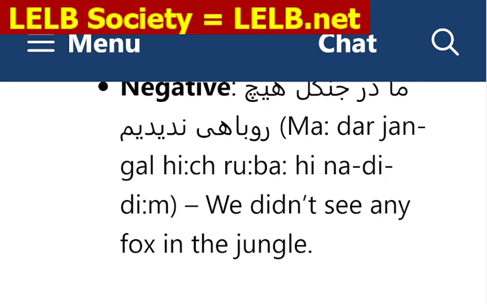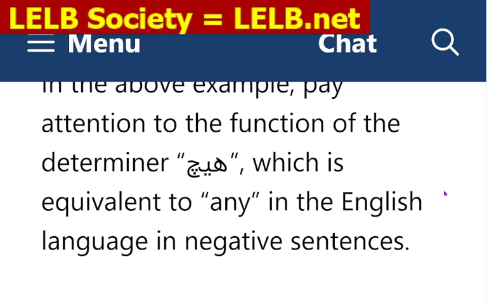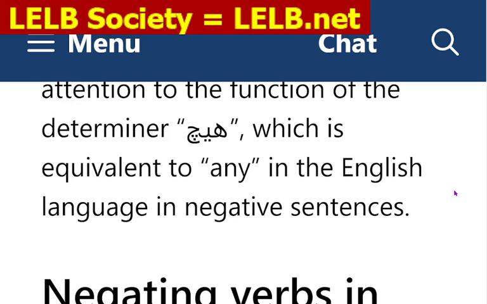I've just added na to the beginning of دیدیم. And we didn't see any fox in the jungle. Note, in the above example, pay attention to the function of the determiner هیچ, which is the equivalent of any in the English language in negative sentences. Any, we didn't see any fox.